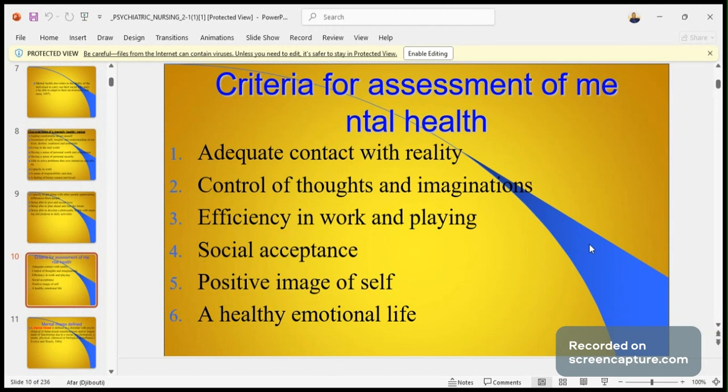So, control of thoughts and imagination. Realize a small baby who is on a psychiatric ward, who talks alone, tells you many things, tends to be more knowledgeable and thought-wise than even the adults. They're not able to control their thoughts and imagination. So when you start getting these spooky stories from them, that is a declaration that these people are off from reality and they are not mentally healthy.